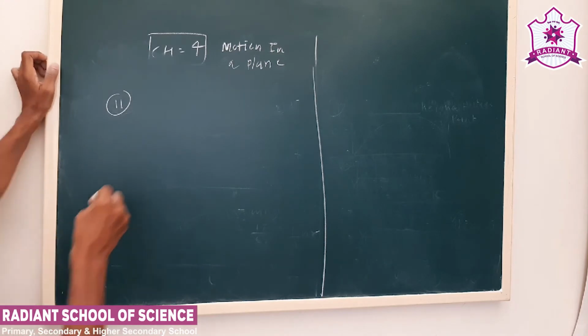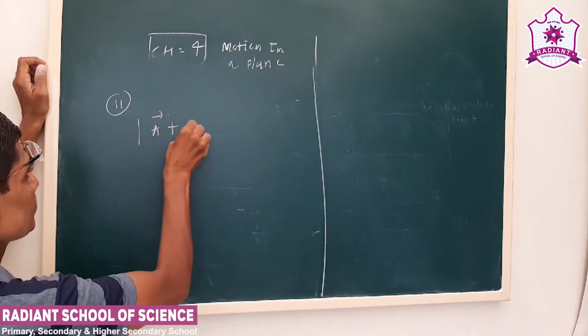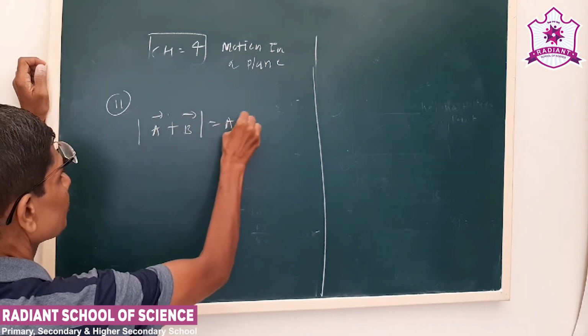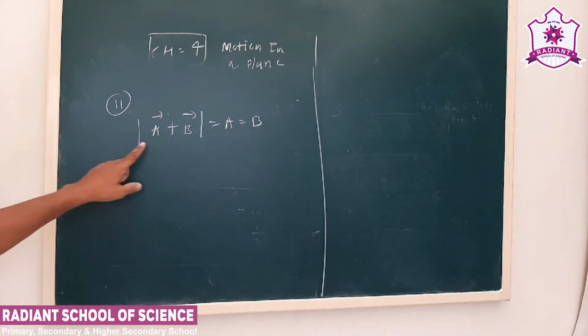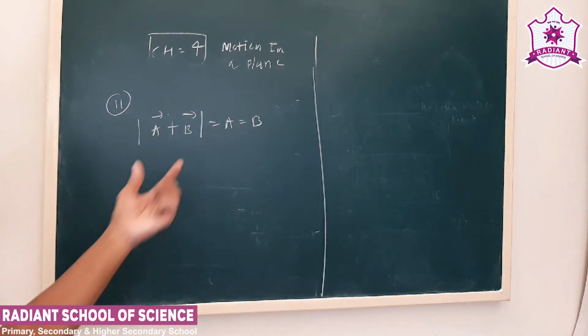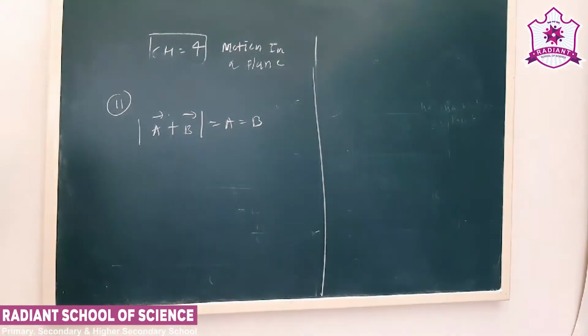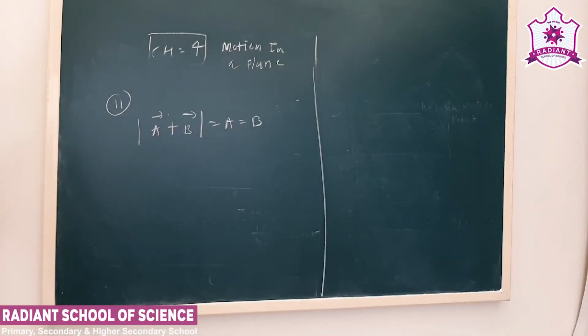Given that A plus B, the resultant of A plus B is equal to A or equal to B. That means A and B are equal vectors and their resultant is also equal to A or B. So what is the angle?